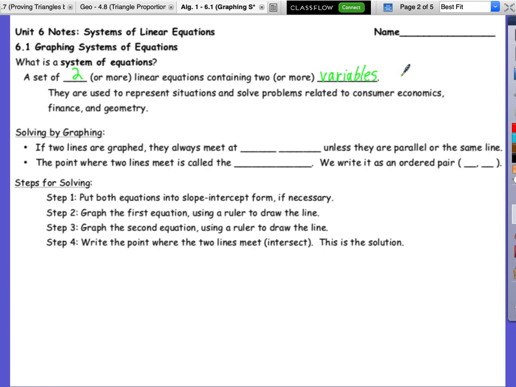We have a few different ways we can solve systems of equations. We're going to be talking about three different ways in this chapter. The first one we're going to talk about is graphing them.